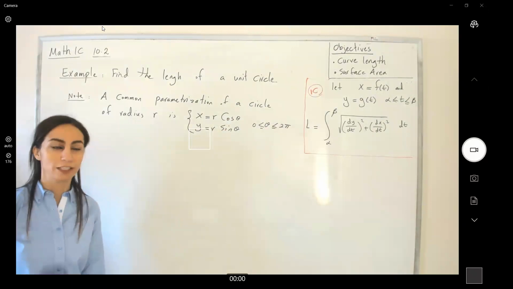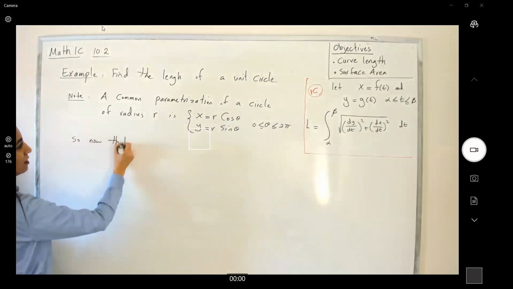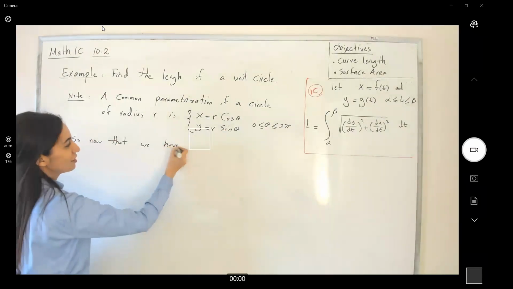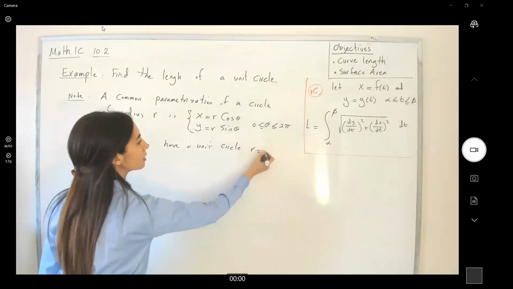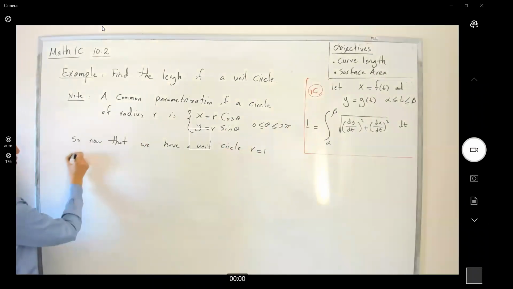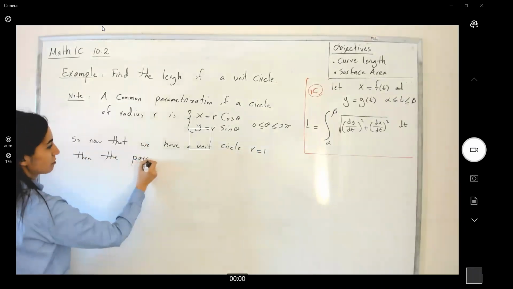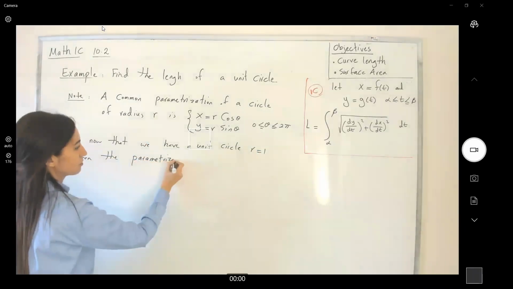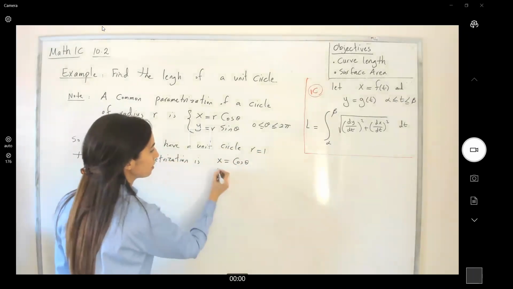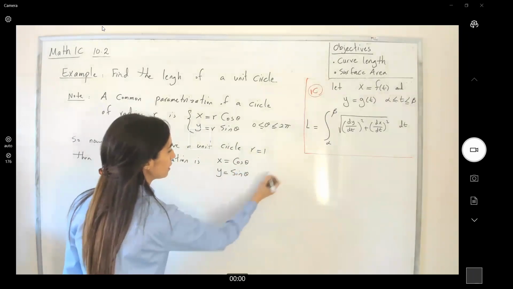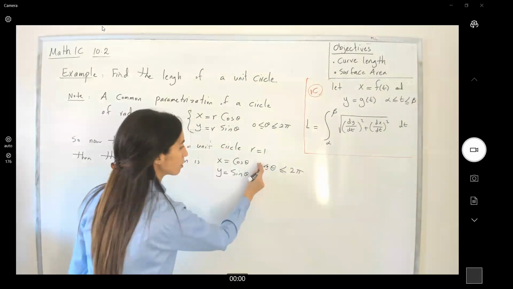So now that we have a unit circle, it means that r is equal to 1. So the parametrization is x equals cosine theta, y is sine theta, and theta is bounded between 0 to 2 pi, one rotation.